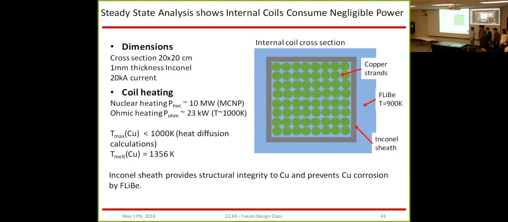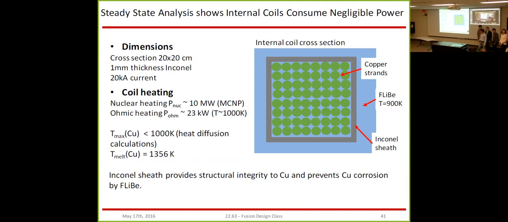The flibe is going to be at 900 Kelvin. There's going to be a high jump in the temperature due to the shell of Inconel, and we calculate that the temperature of the copper is going to be around 1,000 Kelvin, less than that, where the melting temperature of the copper is around 1350, so it's still below the melting temperature. So that's good.